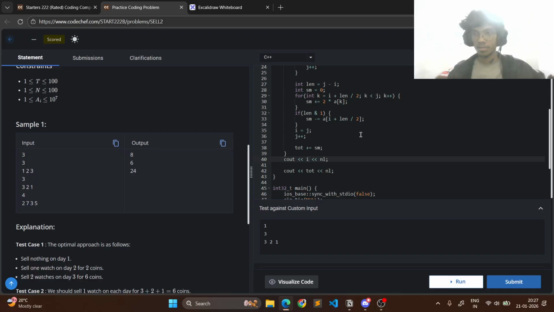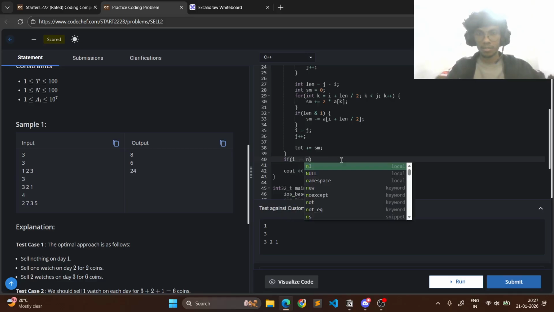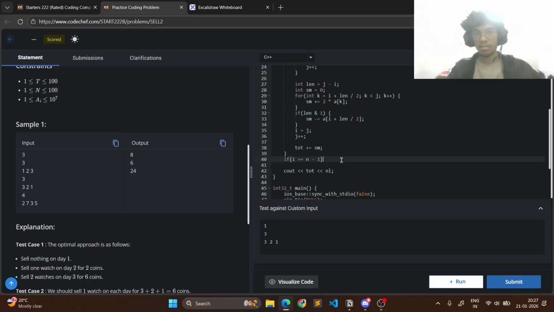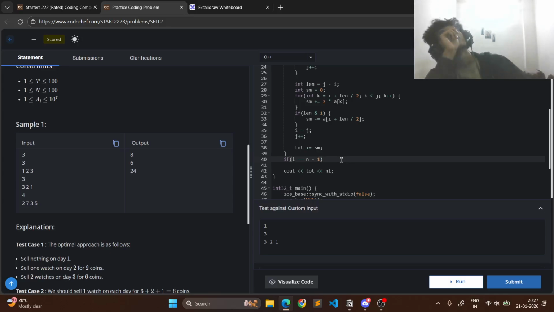And so last element is left. So we can just check I equals to n minus 1. This is the last thing.